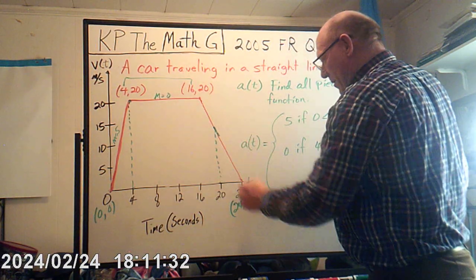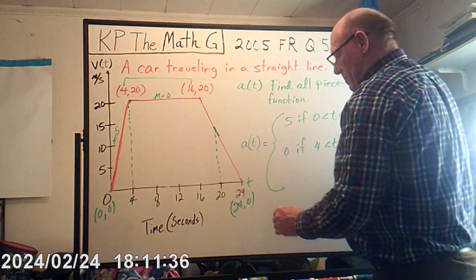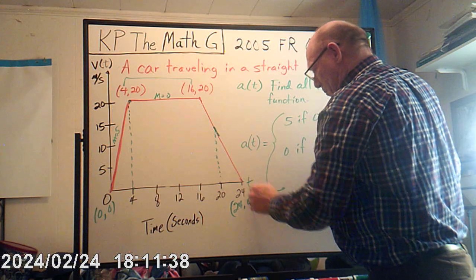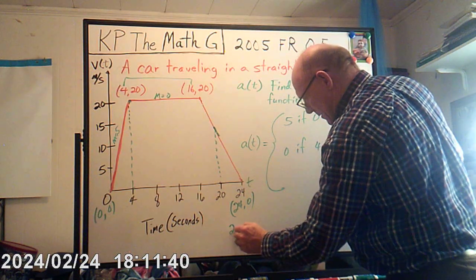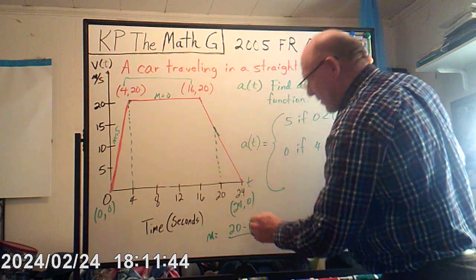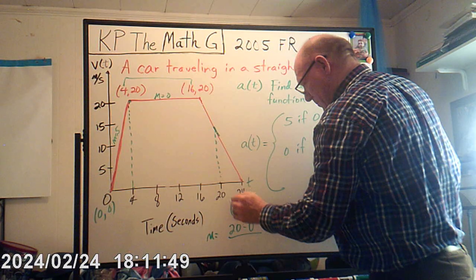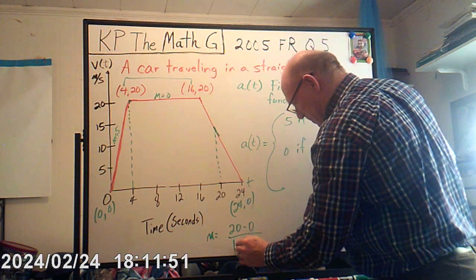Or we could do rise over run: the slope is 20 minus 0 over 16 minus 24.